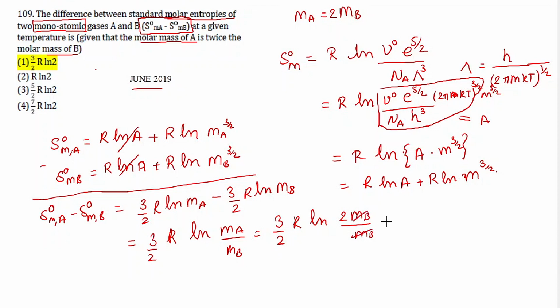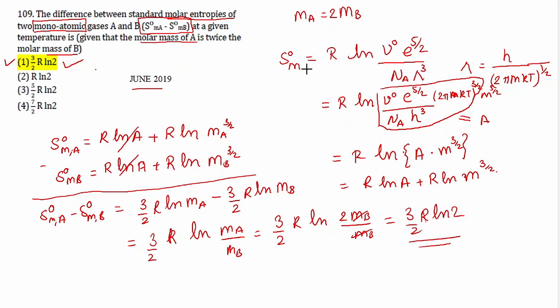So mB will cancel out, and we will have 3 by 2 R ln 2. So this is the final answer, and hence option number 1 is the correct answer. That is, the difference between the molar entropy of A and B is 3 by 2 R ln 2.